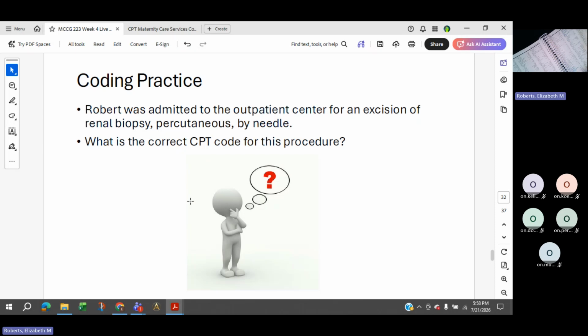I don't even see anything here that is percutaneous in nature. Did anybody look up the word percutaneous? Performance, percutaneous procedures. Renal biopsy, excision of renal biopsy.